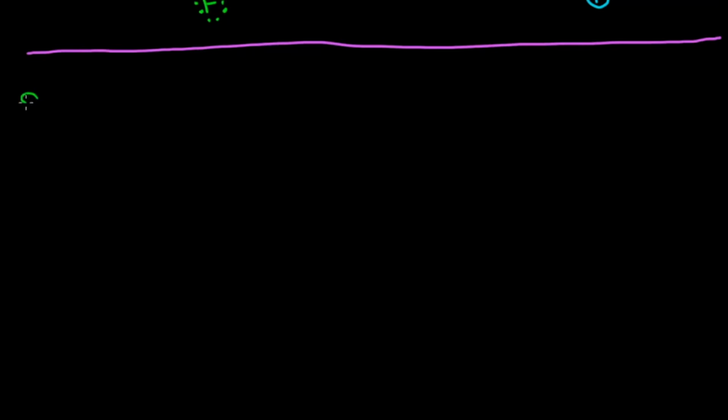SF6. I think this was our expanded octet example that we did when we were drawing Lewis dot diagrams. So let's just go straight to it. 6 fluorines, all filled in with lone pairs. Who can draw it first?